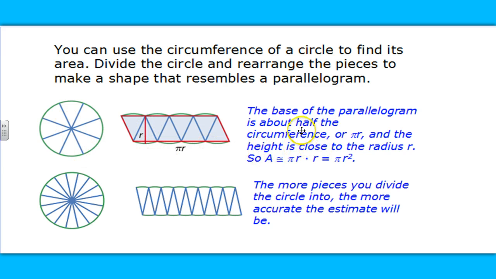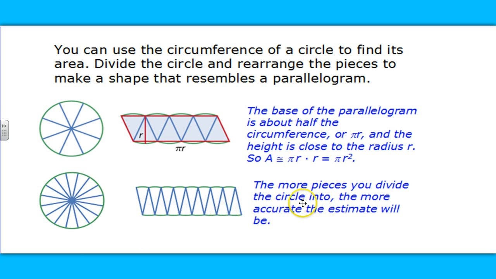So we could say that the base of the parallelogram is half the circumference. If the circumference is pi 2r's, then this base now is pi 1r. And then the height would be about a radius, so we have pi r times r, or area equals pi r squared.